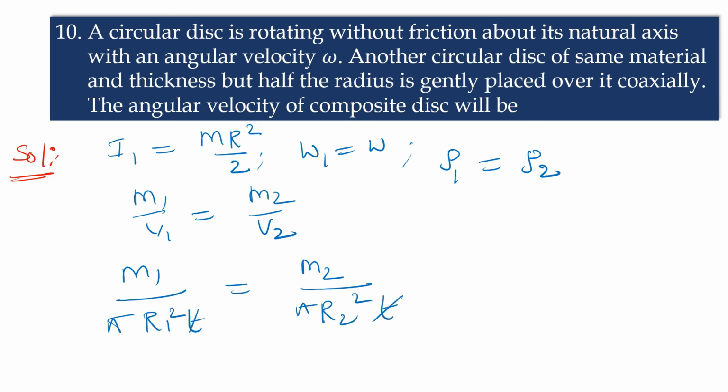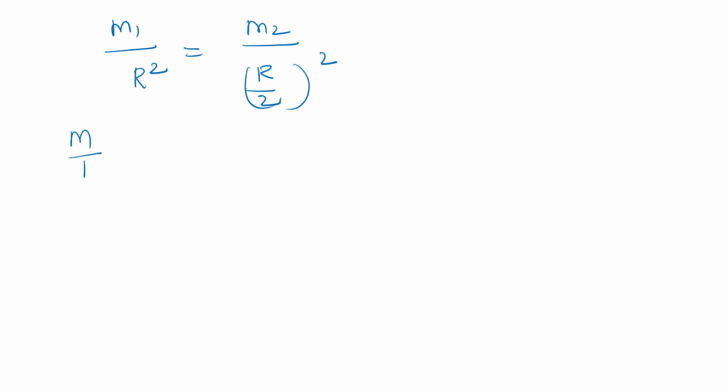T gets cancelled, pi gets cancelled, the remaining is m1 by r1 square equal to m2 by r2 square. Now m by r square is equal to m2 by r by 2 whole square. So m by r square is equal to 4 m2 by r square. R square will cancel, so m2 is equal to m by 4.